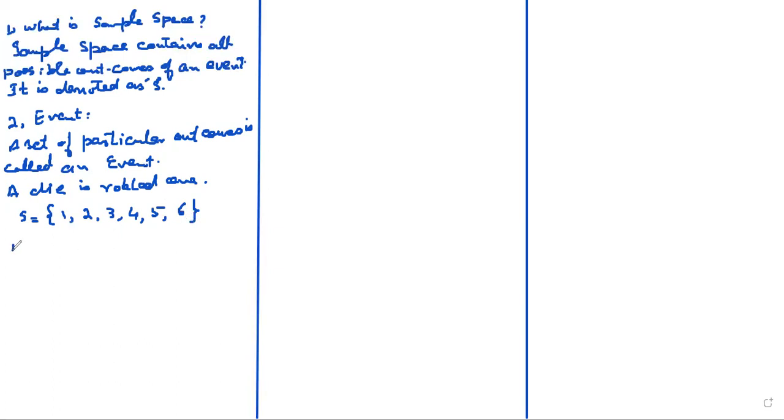Let the event A be that an odd number appears. So A is the event, with particular outcomes 1, 3, and 5. So this is the example of sample space, and this is the example of event.